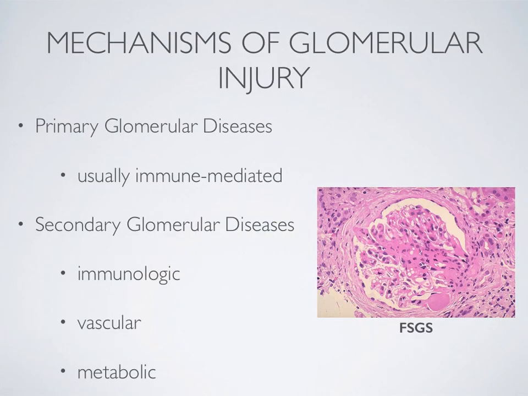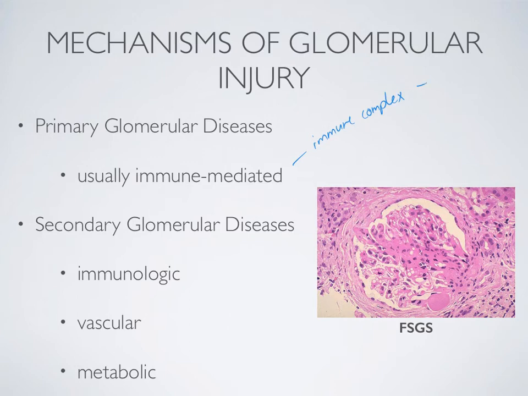So, mechanisms of glomerular injury. For primary glomerular disease, the mechanism is almost always immune-mediated. It can be immune complex. And remember, immune complex is what type of hypersensitivity?